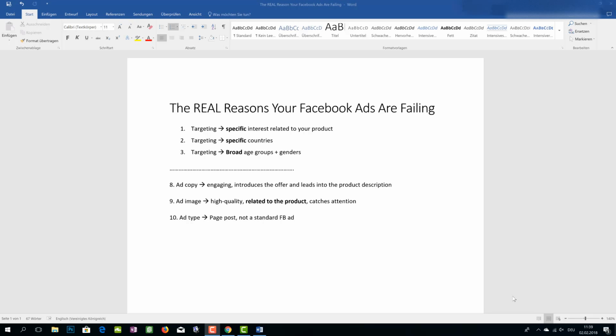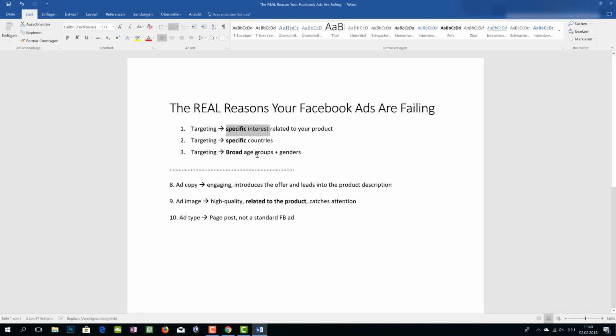So for specific interests, the best thing I've found is having stores in the same niche as you. People who like similar stores will probably be interested in your product. That's one thing you can do if you're just starting out. Even better are lookalike audiences based on existing customer lists. That's what I mean by specific interests.